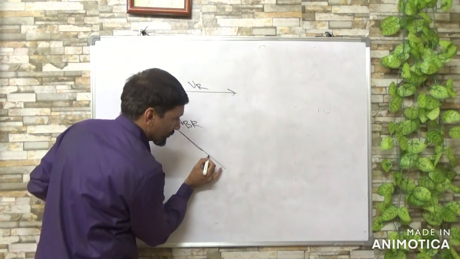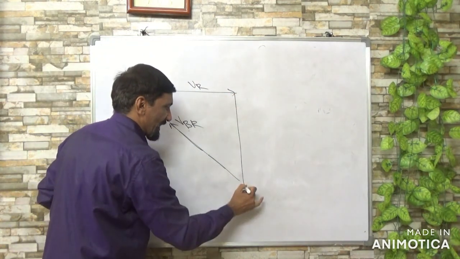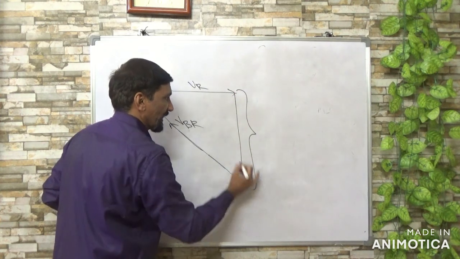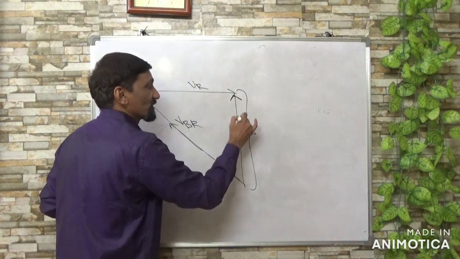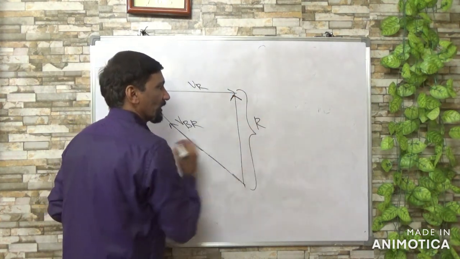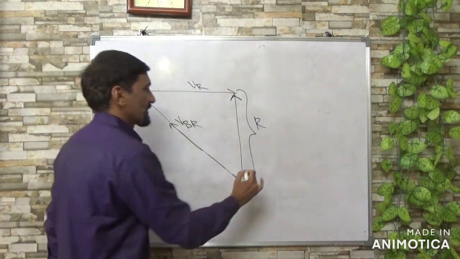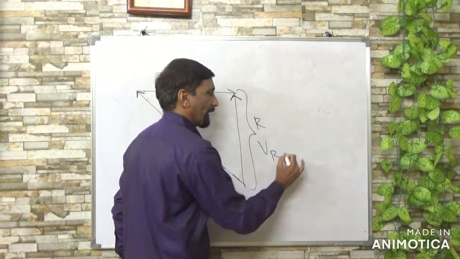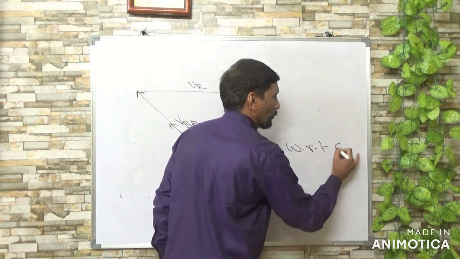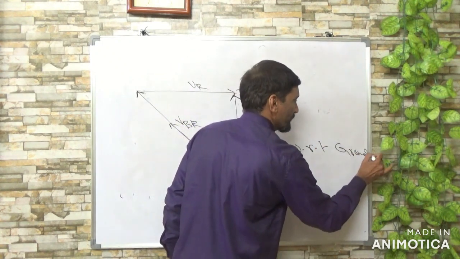You know the closing side, and the closing side taken in reverse order gives the resultant, that is the velocity of the boatman with respect to the ground.